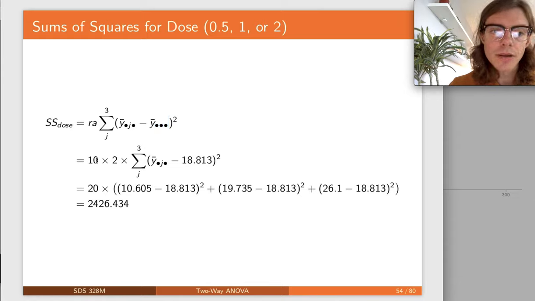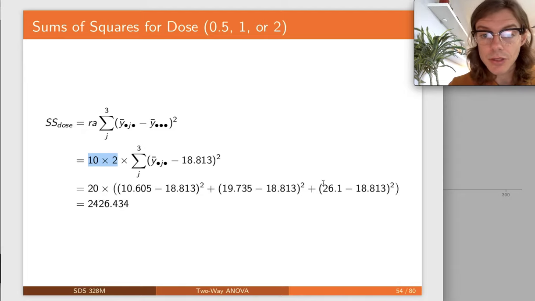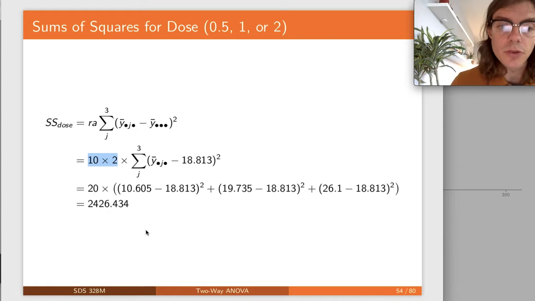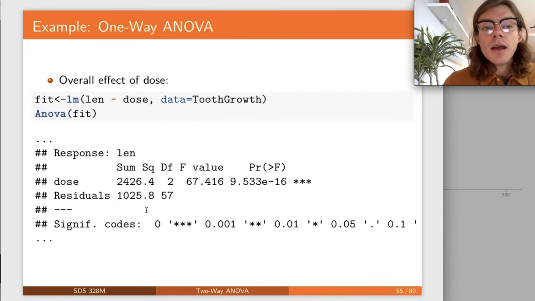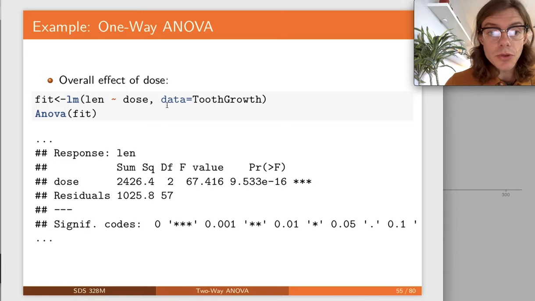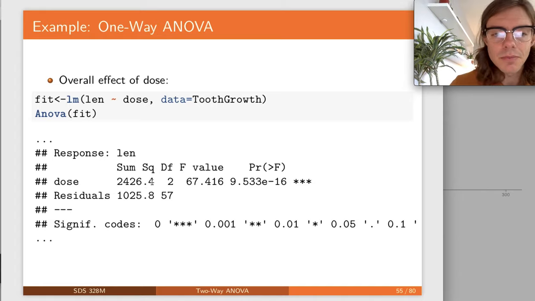So we got to weight it by 20. So do 20 times that mean difference squared plus that mean difference squared plus that mean difference squared, and you end up with 2426.43. And if you run your ANOVA of just dose, it's 2426.3, right? Same thing. So you get the same sum of squares if you're doing the one-way ANOVAs.